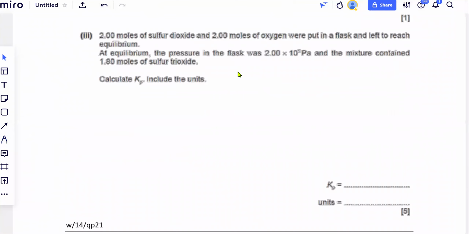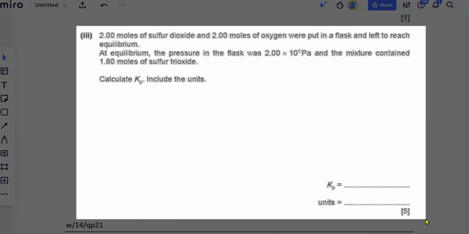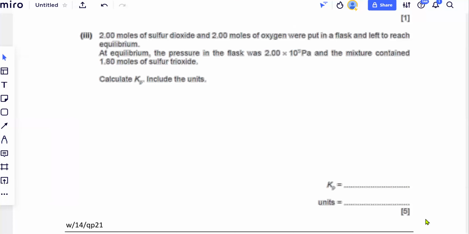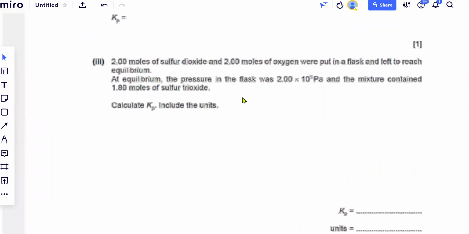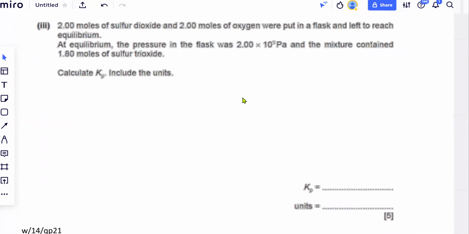Do this as homework. Figure out the value of Kp. This is from the contact process. It's this reaction. Maybe they didn't give you the reaction. So it's SO2 with O2 in equilibrium with SO3. So try and do this question.